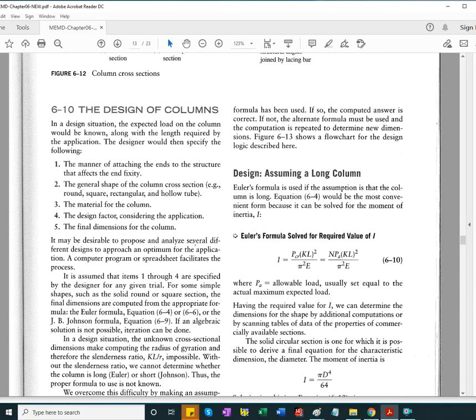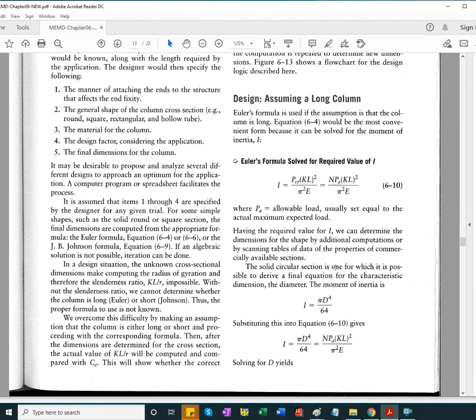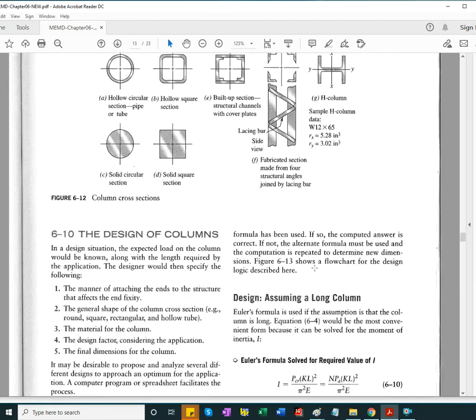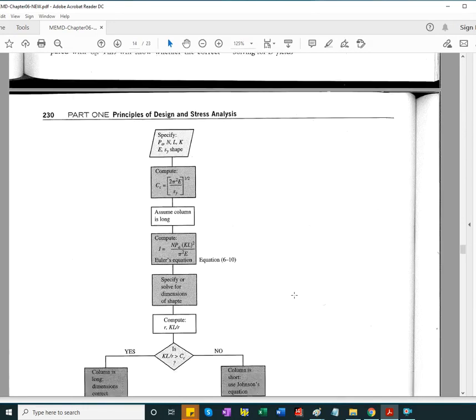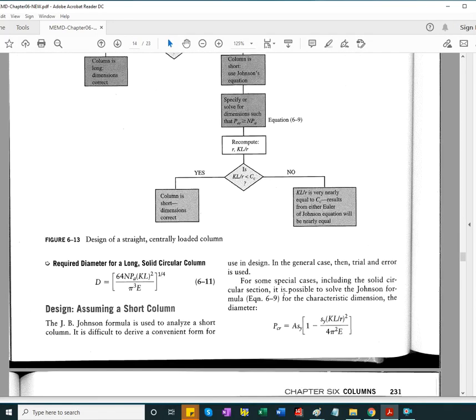Okay, but otherwise you can take Euler's formula and solve for the required moment of inertia. And things are the easiest when you have a round solid bar as the cross section for your column. And likewise for using Johnson's formula, you can calculate. So here's the end result again.